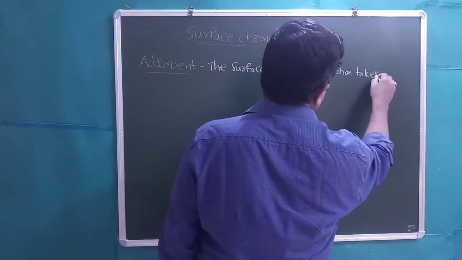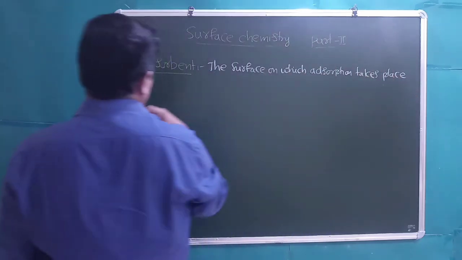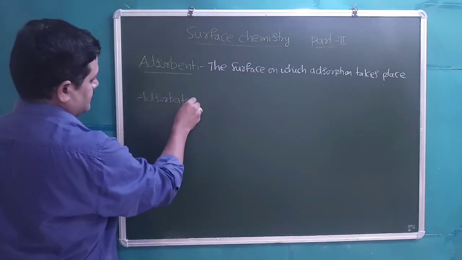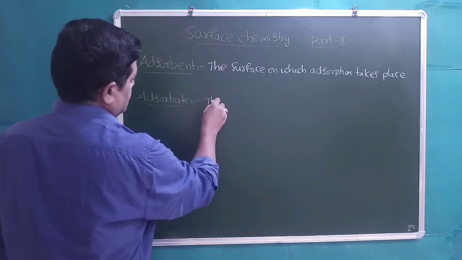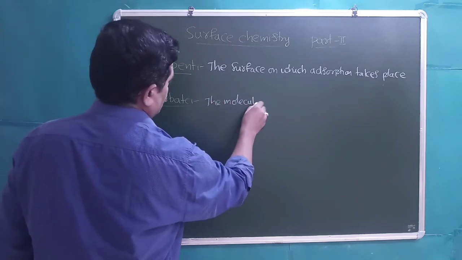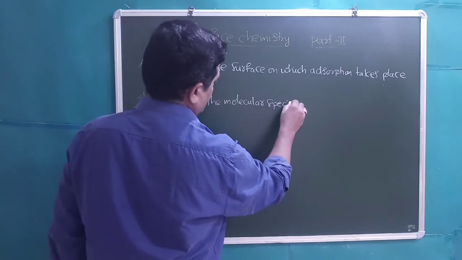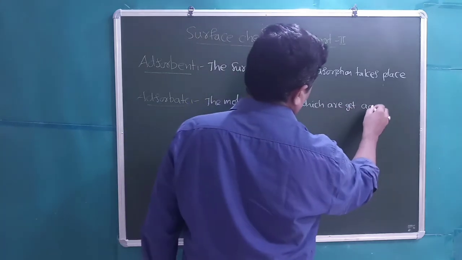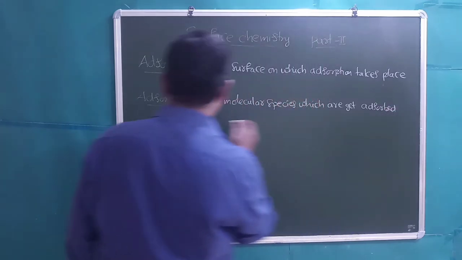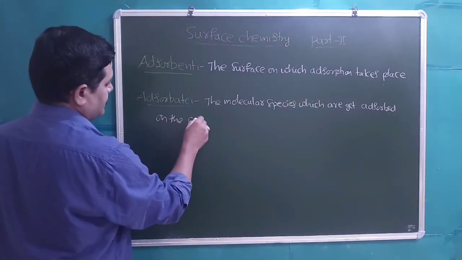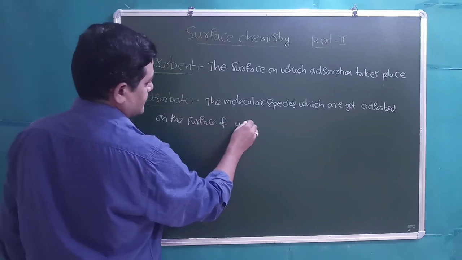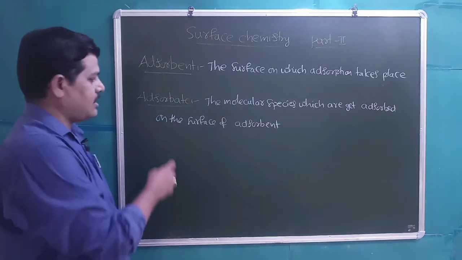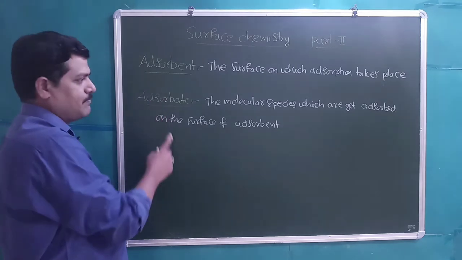Adsorbate: the molecular species which get adsorbed on the surface of the adsorbent is called an adsorbate.